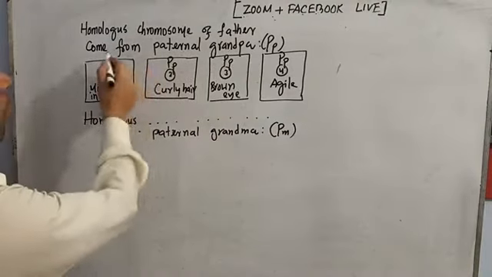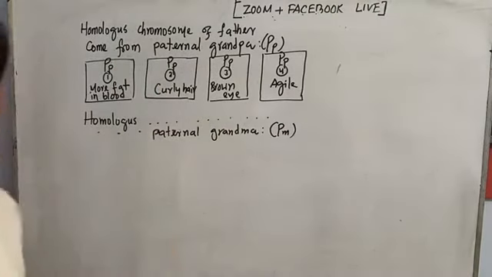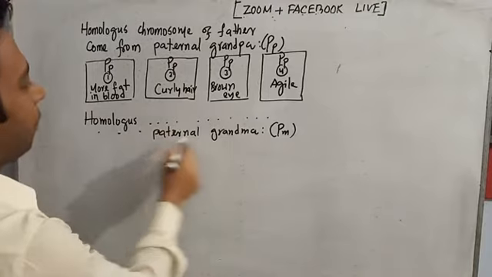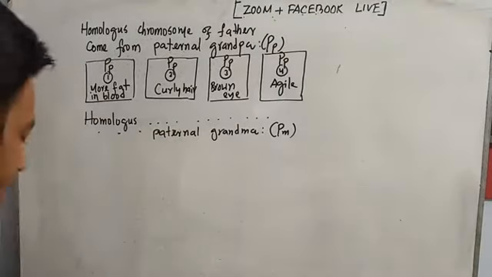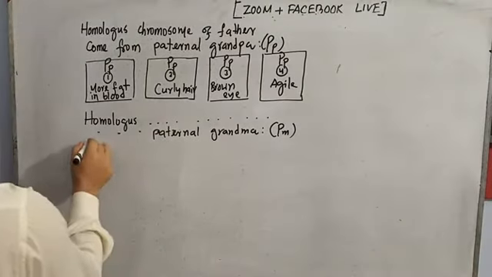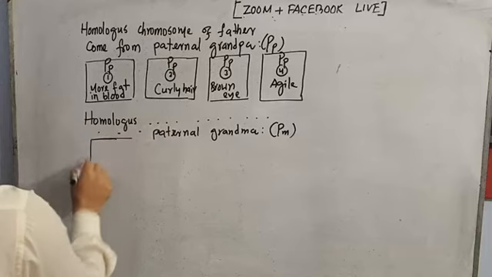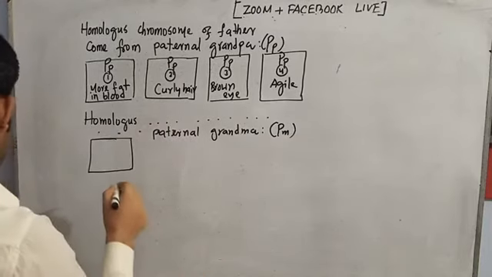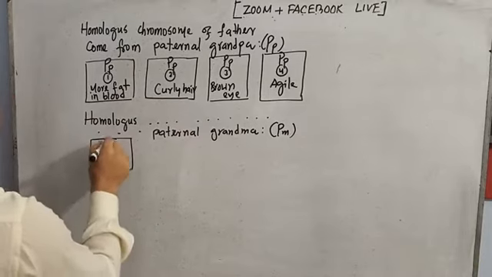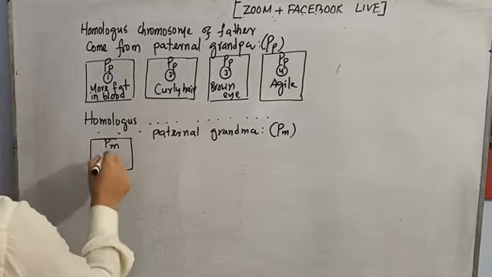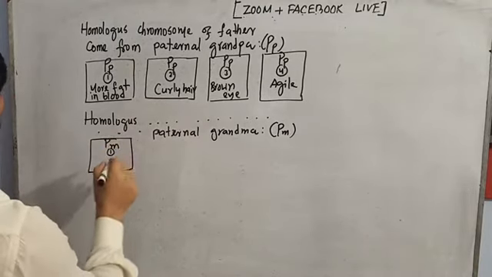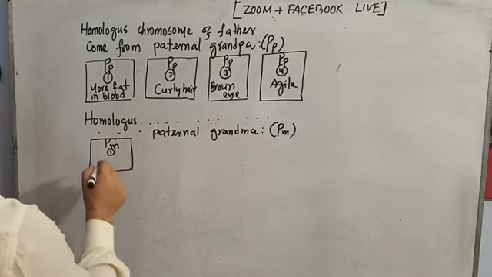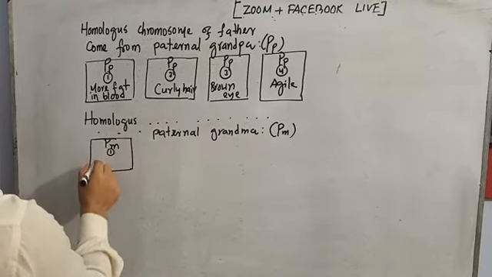Homologous chromosome of father come from paternal grandpa, and homologous chromosome come from paternal grandma. We will make the boxes similarly. PM1 is less fat in blood.